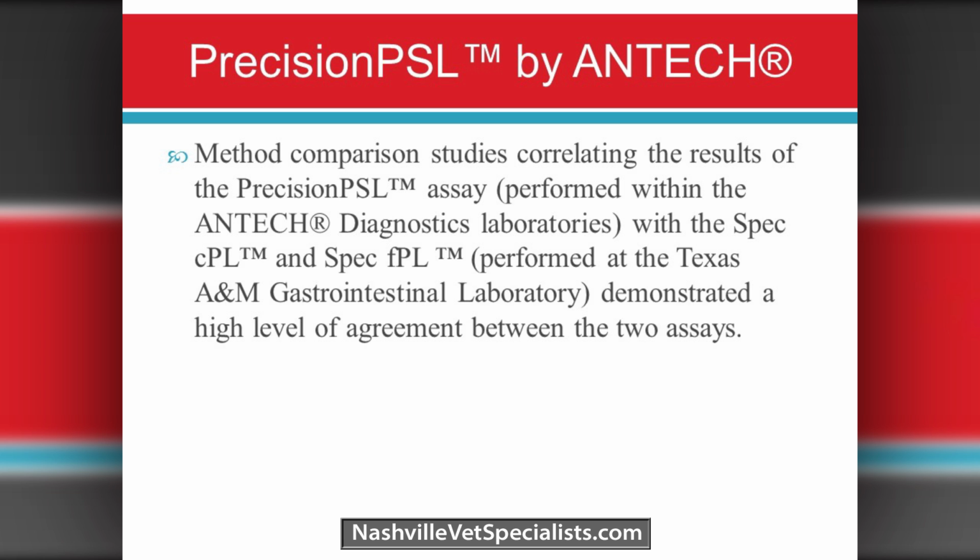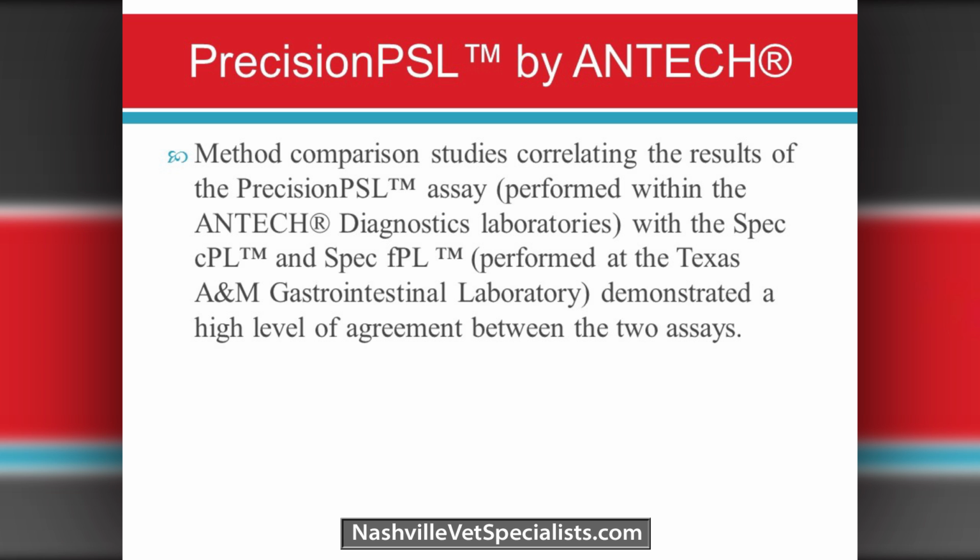But now with Antech, I think it's free for part of their panel, and it really is one that's supposed to compete with the SPEC cPL and the SPEC fPL. When they actually did this method comparison, it was nice that they used Antech Lab to test it, and then they still sent out blood work to Texas A&M, and that's where it was performed for the SPEC cPL and the fPL.